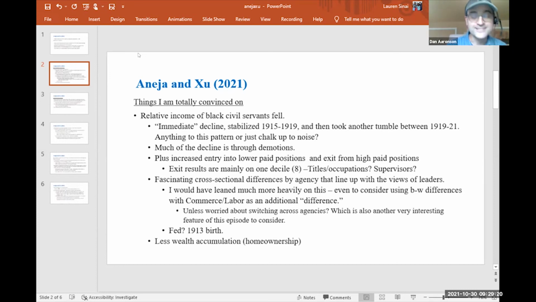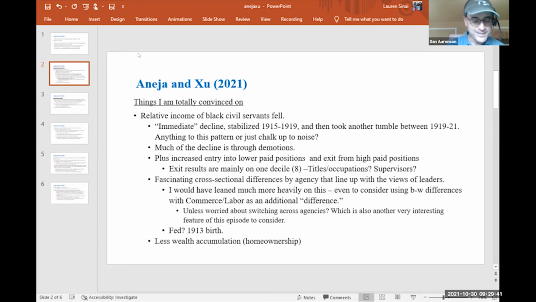The third thing is this really interesting cross-sectional differences by agency that line up pretty well with the views of the cabinet leaders. I think this is really important, and they document this, but they don't necessarily take advantage of it as much as maybe I would have.